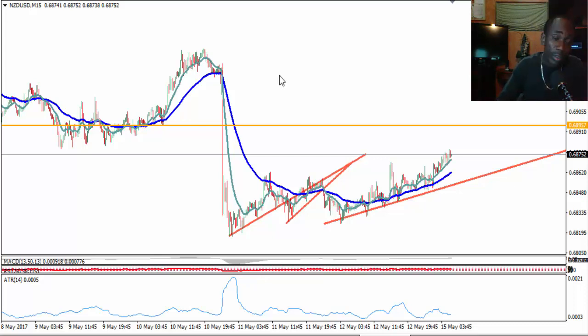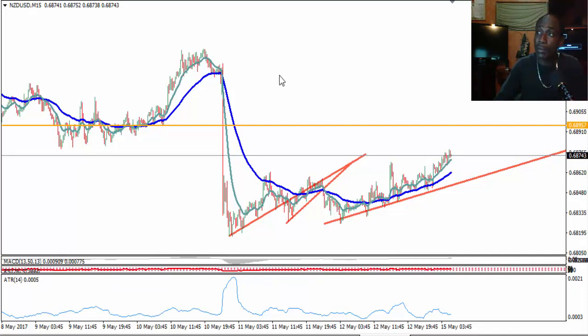Sometimes it can go 4 times the average true range, but that would be very rare. So we would definitely want to adhere to the ATR so that we do not get into bad trades. For instance, if I had taken this trade here, then as you can see, we would be in a bad trade, because now it's going against your position and possibly bringing you a lot of losses.